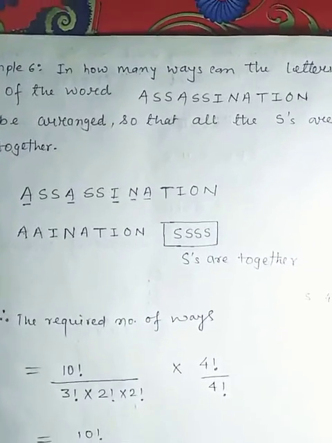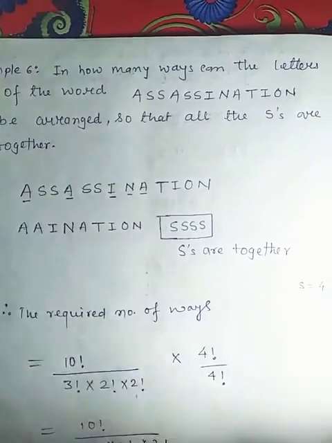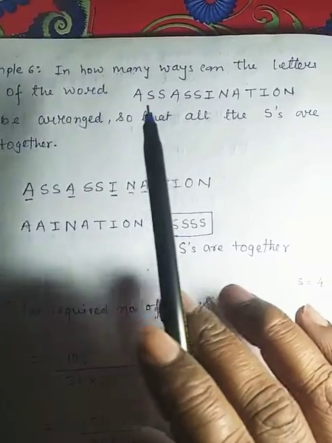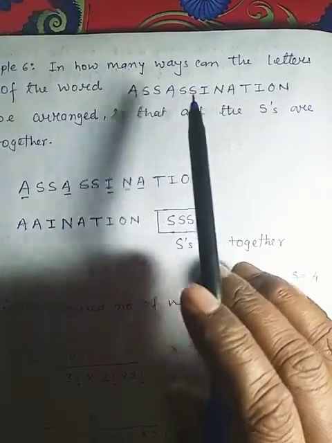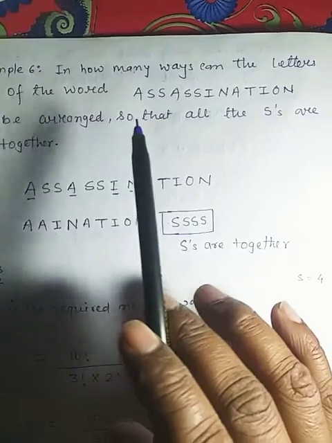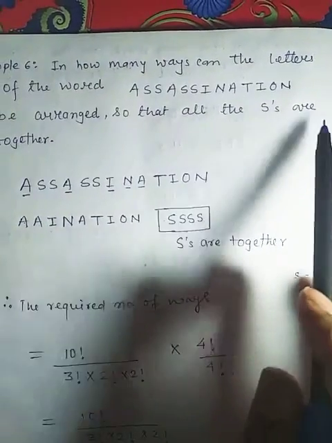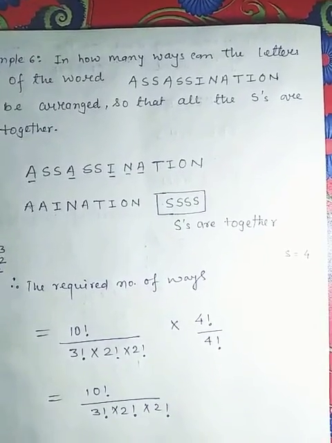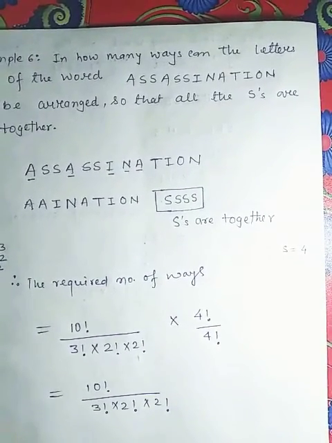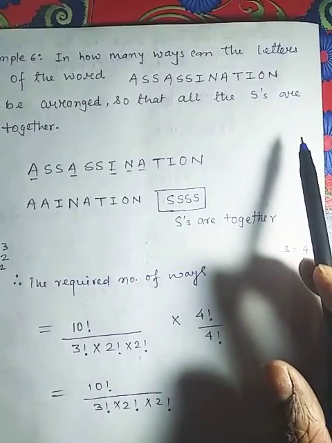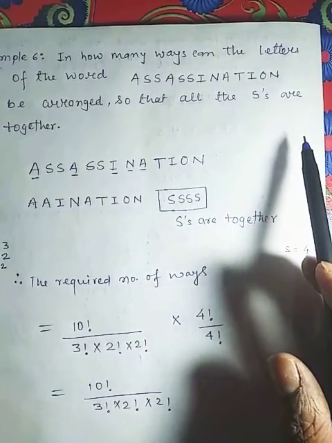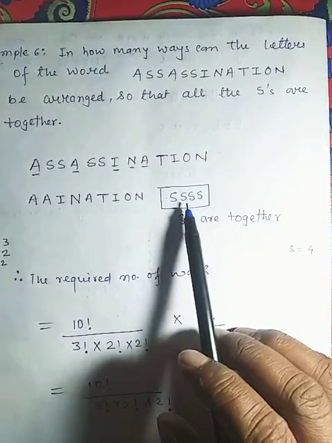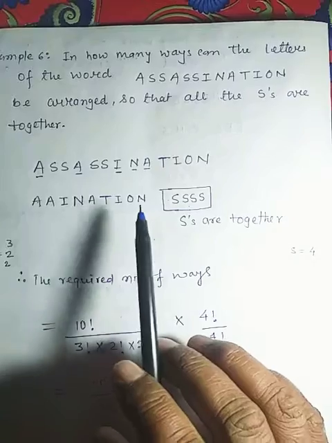Example 6. In how many ways can the letters of the word that is given be arranged so that all the S are together? For any letters together, we arrange all as together and the remaining letters are separate.